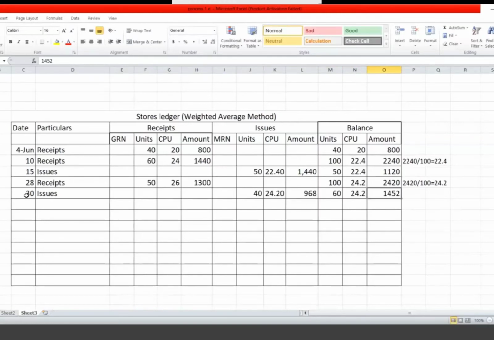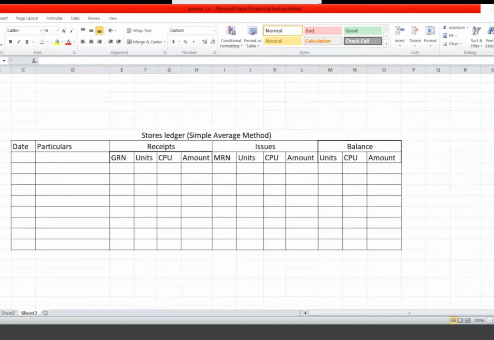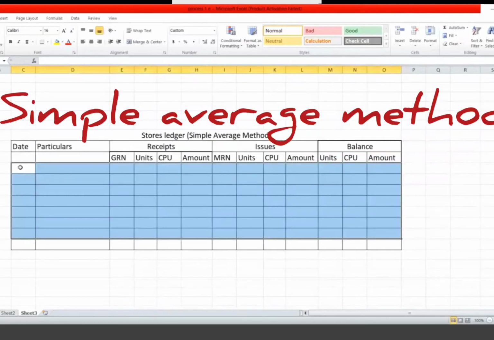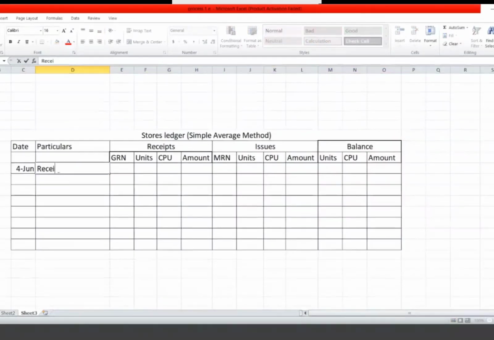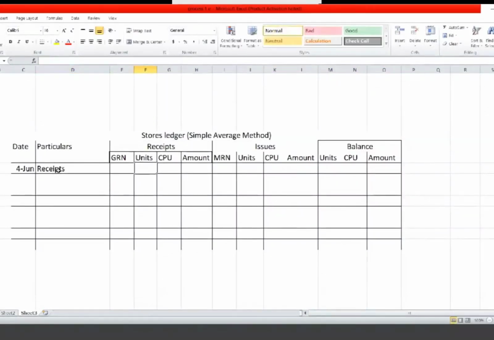On the same data, let us solve with the simple average method also. Weighted average method along with that simple average method also we will do. Here is the format. What was the first date? June 4. First transaction, receipts. 40 units with the price of 20.